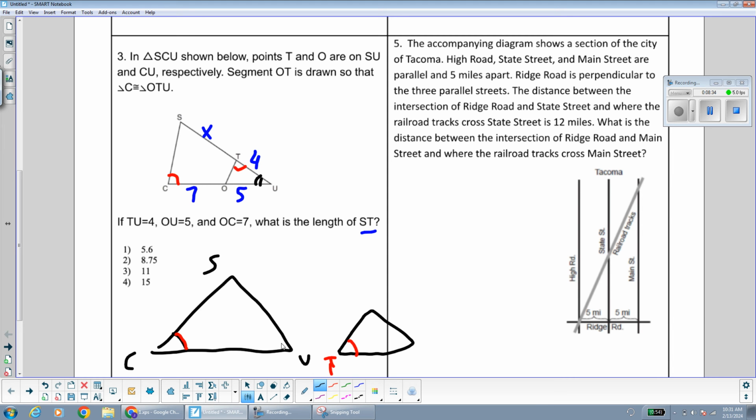So if I put angle U over here in the big triangle, I have to put it in the same spot in the small triangle, since it's got to match up. And that leaves angle O, the last one in that triangle, to be up here.